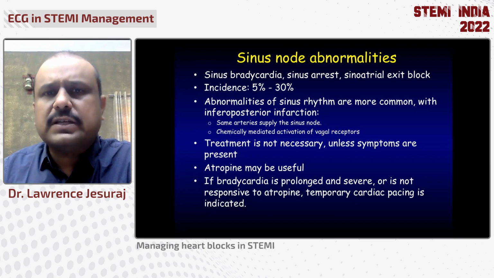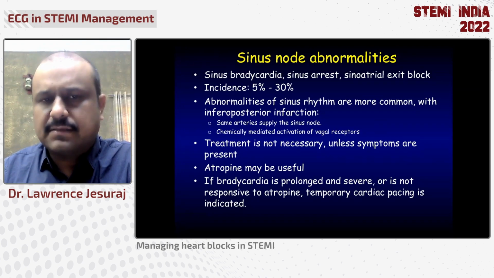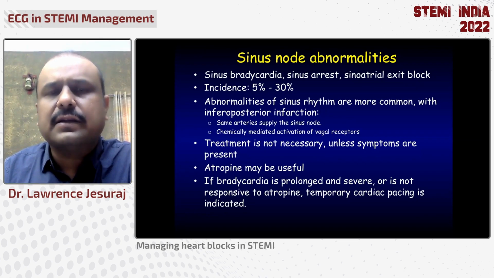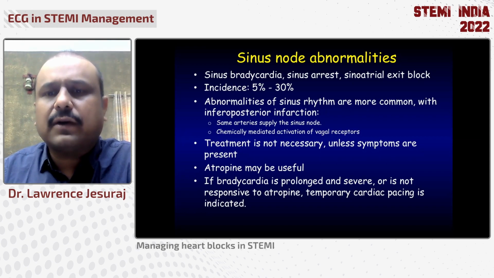The treatment is mostly not necessary unless the patient is symptomatic. Atropine is highly useful. Sometimes if the patient has associated hypotension, beta-1 agonists like adrenaline or noradrenaline can also be tried. If the bradycardia is prolonged and severe and is not responsive to atropine, some patients, very rarely, may require a temporary pacemaker.